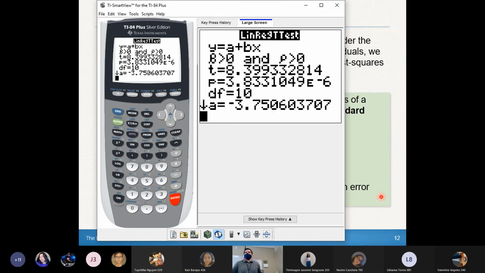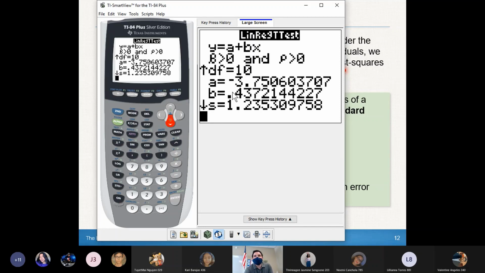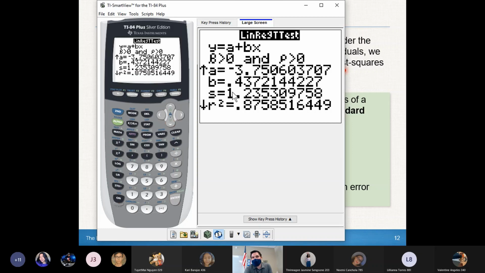Now I get a whole bunch of stuff. We're not going to worry about that. We don't need this t value right now or the p value. This whole top part is like a significance test, which we're not doing right now. We'll scroll down and we get our a and b, which we had. A is our y-intercept, b is the slope.